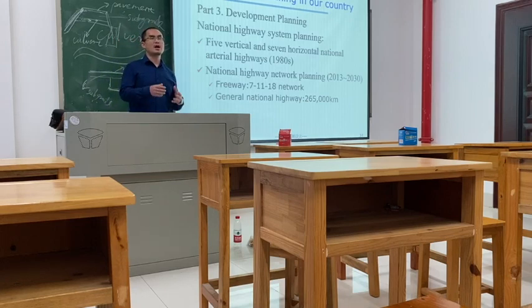Generally, there are 2 lanes on the highway. But a freeway has at least 4 lanes, at least 2 lanes in one direction. A general national highway is not a freeway, but probably 2 lanes, probably 4 lanes. 2 lanes is one lane in each direction.